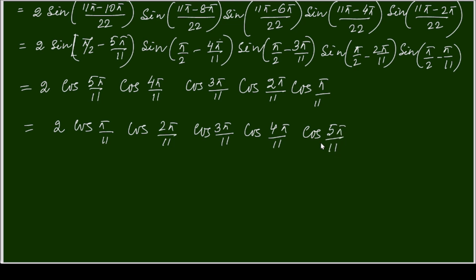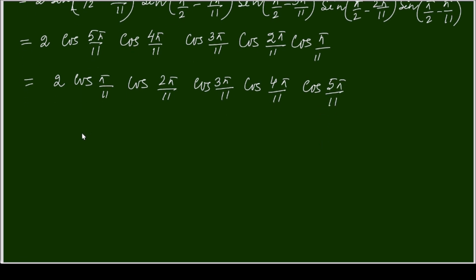We know the trick. I'll multiply with sin π by 11 both in the numerator and denominator, or I'll divide by sin π by 11 both in the numerator and denominator.